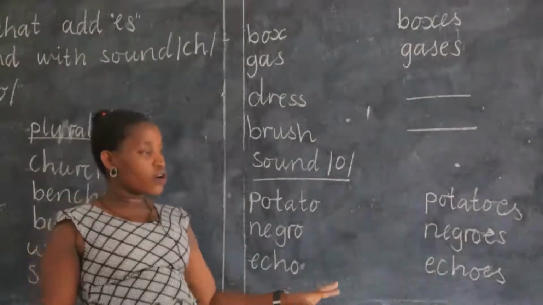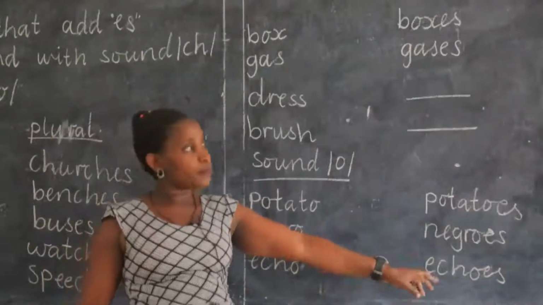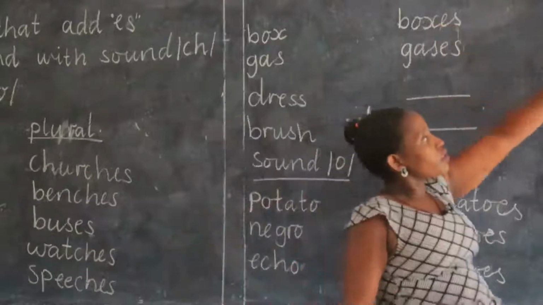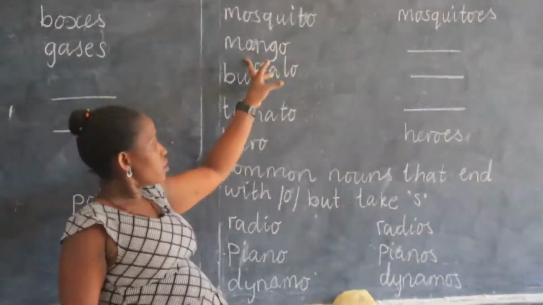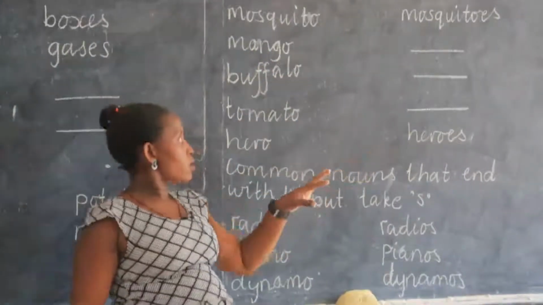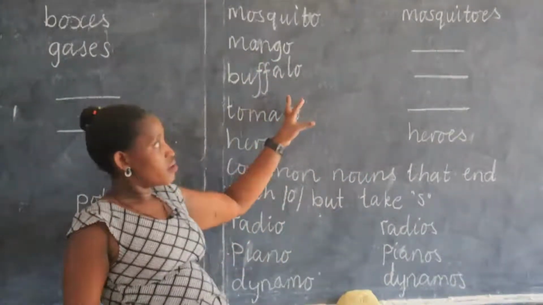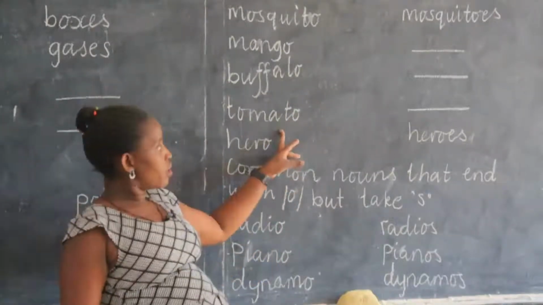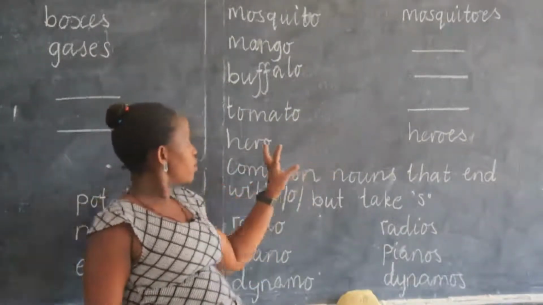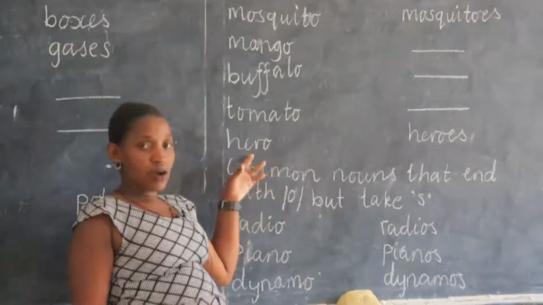Then it will go for echoes. Mosquito for mosquitoes. Mango, then you say mangoes. Buffalo, you complete there and say buffaloes. Tomato, you say tomatoes.